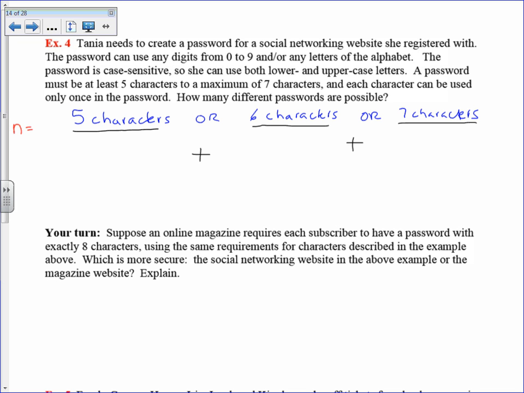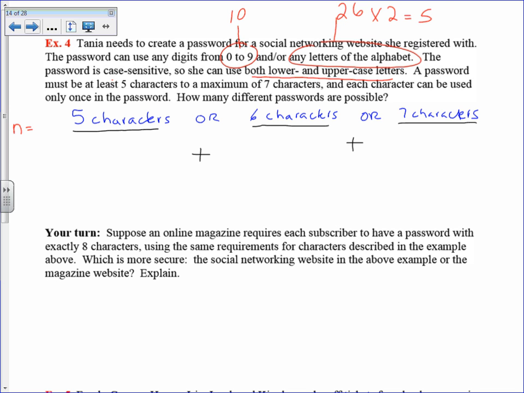So digits 0 through 9, so that's 10 choices. Any letters of the alphabet, 26 letters in the alphabet. But case sensitive, so both lower and uppercase letters, so that means times 2.